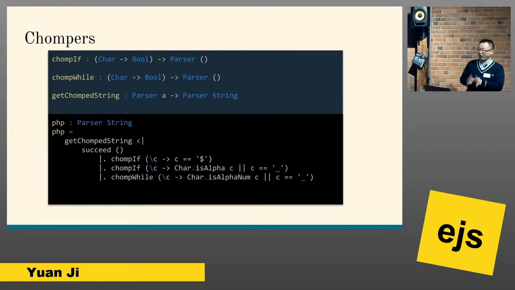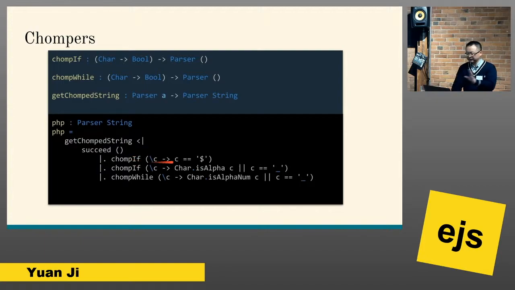Now we use chop. So first of all, we have a function called succeed. We remember that succeed always makes a parser of whatever we pass it. The succeed will have a parser of unit. And chop here, so we just go through the pipeline.